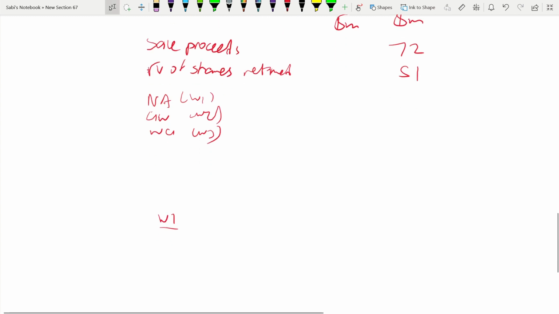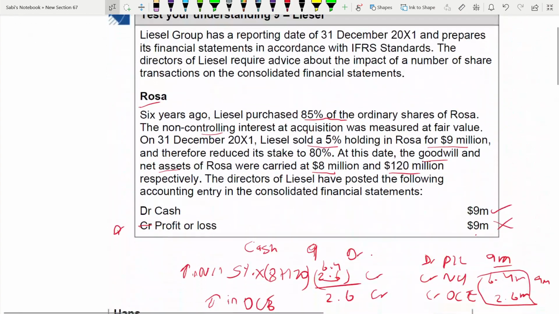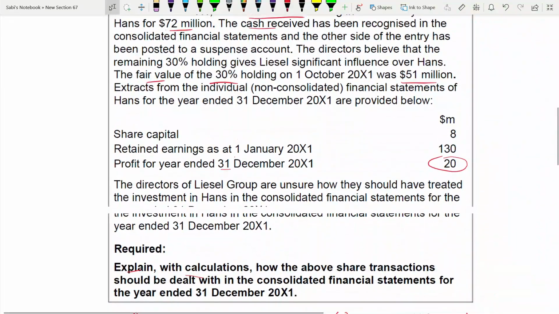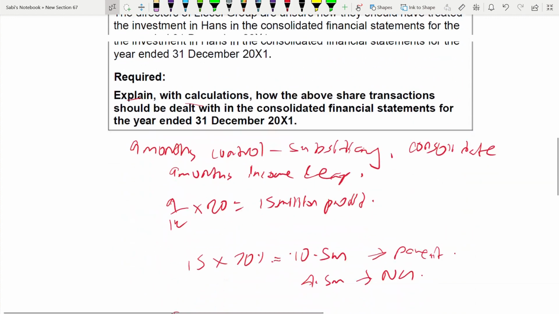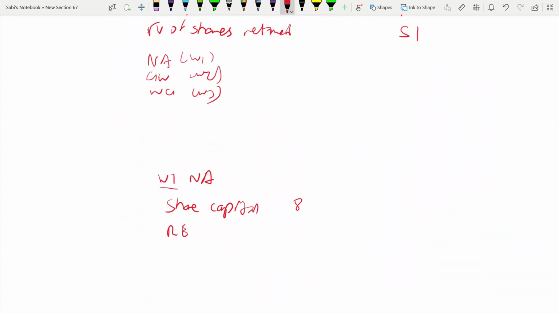So there are two things here. Share capital, this is for net asset, and retained earnings. Which one are you taking? You need this 8 and you need this retained earnings 130 for net asset. So 8, 130.